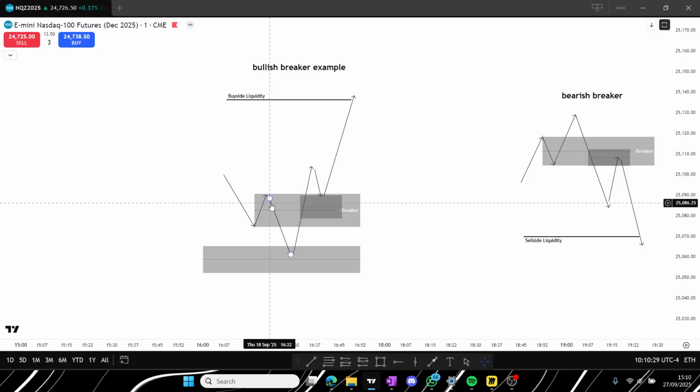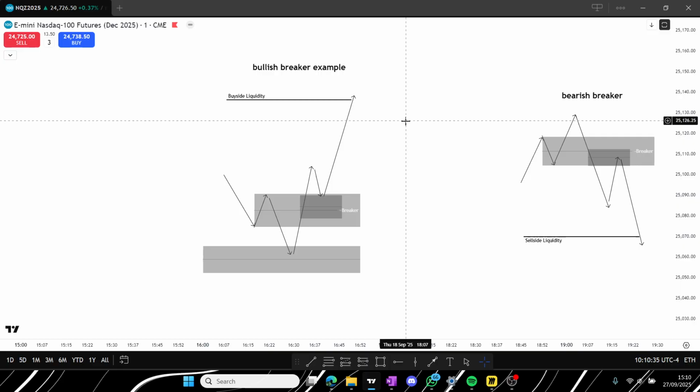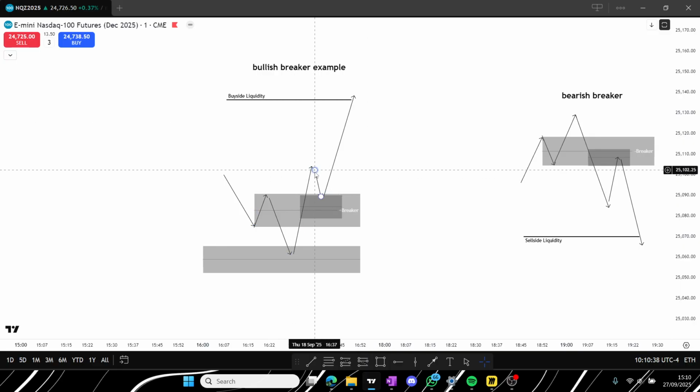Okay. And then what you want to do to take an entry off a breaker block, I was telling you about the unicorn model. Price retraces into the breaker block. In the best case scenario, if you wanted to take a trade, the highest probability trade would be when there's a fair value gap resting in the breaker block.